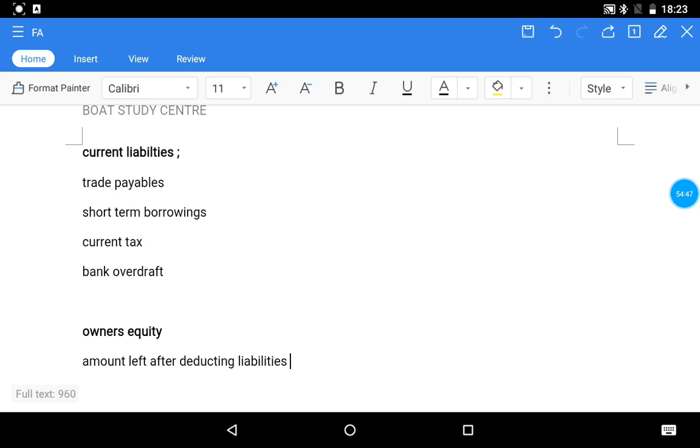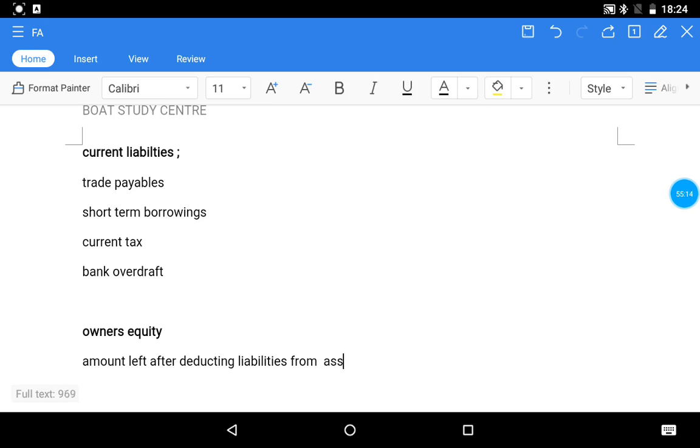And remember, under owner's equity we have share capital. What do you mean by share capital? Share capital is the amount of money invested in business.